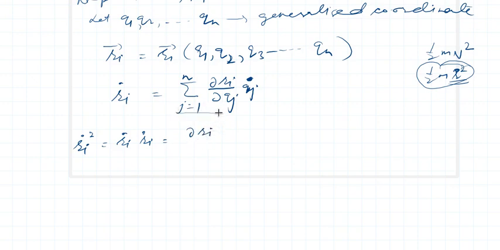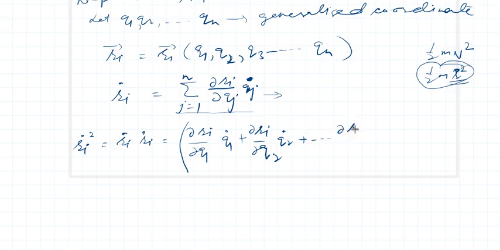Let me expand this: it can be written as ∂Ri/∂q1 q1 dot plus ∂Ri/∂q2 q2 dot, plus and so on, ∂Ri/∂qn qn dot.